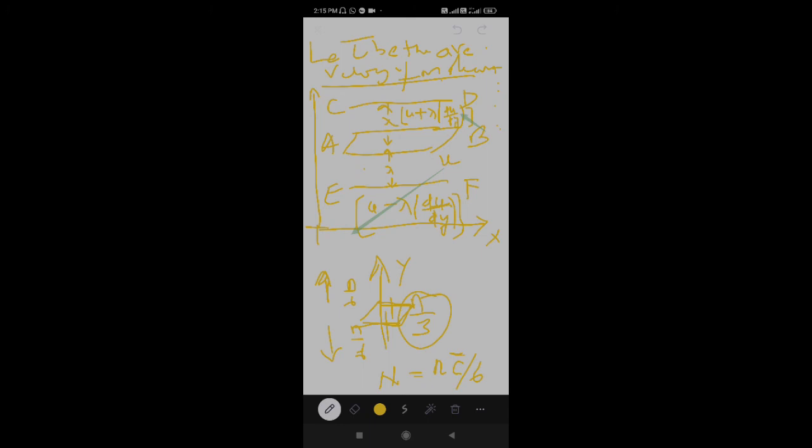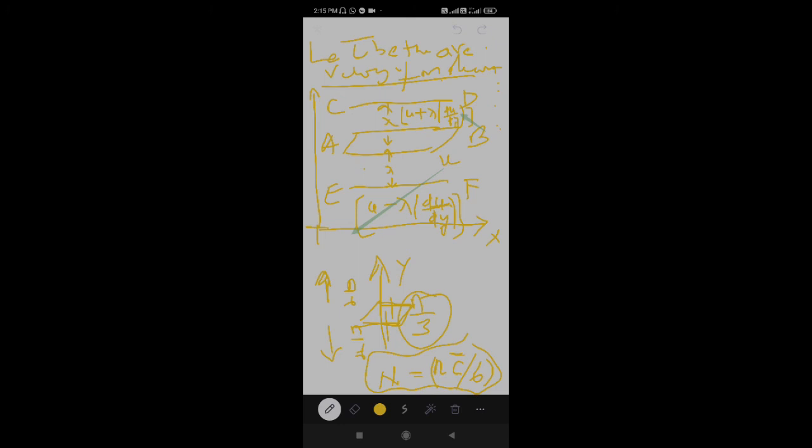Here n means number per volume, and here distance is there, so you are going to get area. Cancelling the distance in the velocity with one length in the denominator of small n, that is volume, the dimensional analysis shows that n c bar by 6 gives the number of molecules crossing the unit area per unit time.